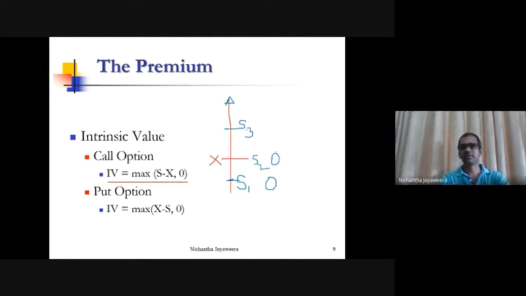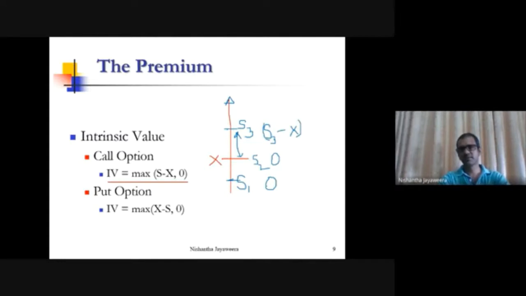But when the spot price is at S3, will you exercise your right on the call option? Yes. What is the payoff? It is this difference, S3 minus X. Correct?